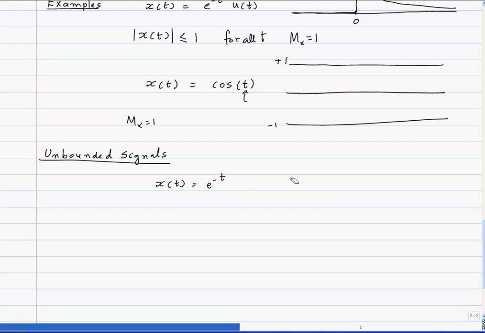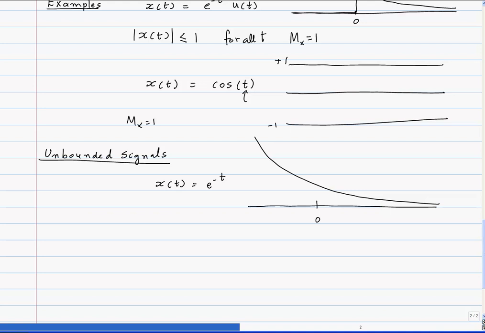Now this signal is not bounded, because for negative values of t, the signal is exponentially increasing. As t becomes more and more negative, x of t becomes bigger and bigger. As t tends to negative infinity, x of t tends to infinity.